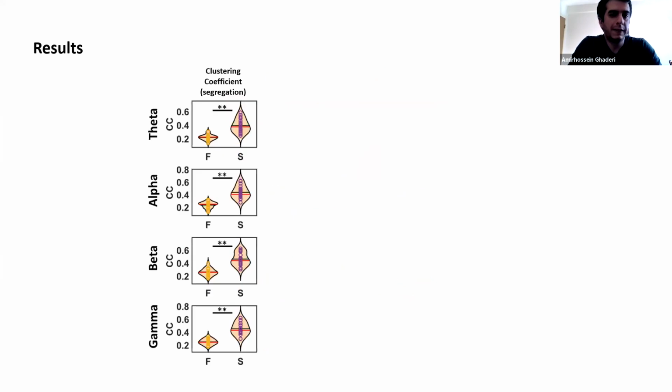For the other results, first we looked at the clustering coefficient of the network, which is related to segregation and local processing in the network. We found that in all frequency bands, we have higher values of clustering coefficient in saccade versus fixation.